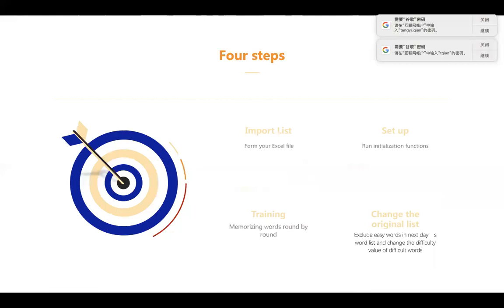Then the user just clicks to start the training, tries to memorize those words and does the test round by round. Finally, the system will exclude those easy words from the next stage word list and change the difficulty value of those difficult words to make them be reviewed more frequently.